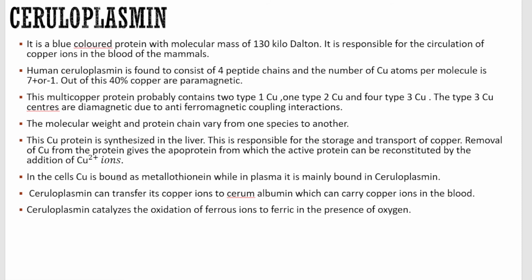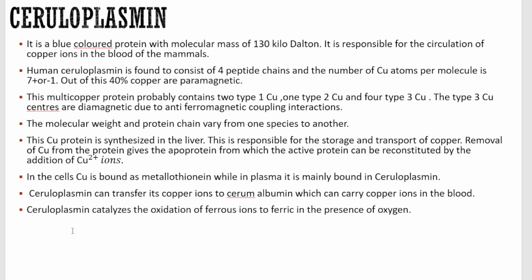So how is copper stored in the cells? It is stored in metallothionein. And in the plasma, that is in your blood, ceruloplasmin takes up the copper and does the work of transportation. Also, ceruloplasmin can transfer the copper ions to serum albumin, which is another protein present in the blood that can carry copper ions.